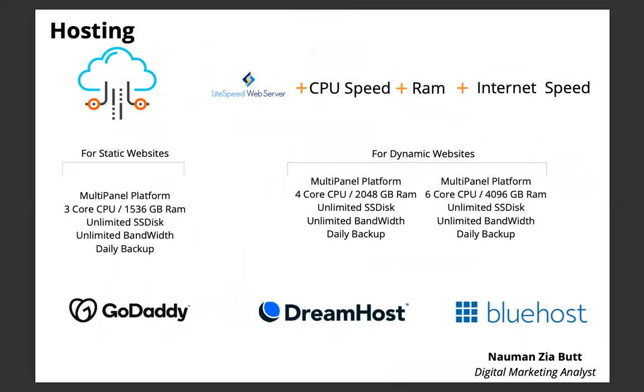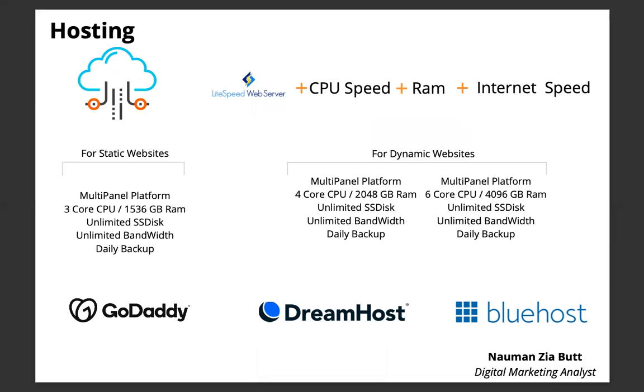First of all, we need very good hosting with options like a LiteSpeed web server, high-speed CPUs, high-capacity RAM, and the internet speed of the server must be very good. For static websites, as I told you, the journey is very small, so you need just a 3-core CPU and 1536 MB of RAM would be enough.